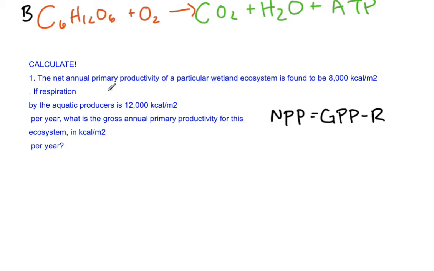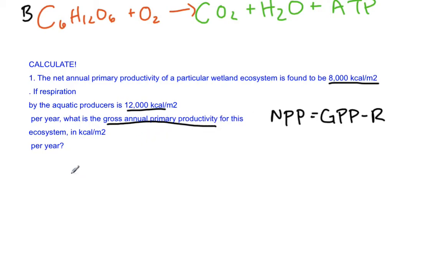So the first question, the net annual primary productivity per particulate wetland system is found to be 8,000 kilocalories per meter squared. If respiration by the aquatic process is 12,000, what is the gross annual productivity? So this one is plug and chug.